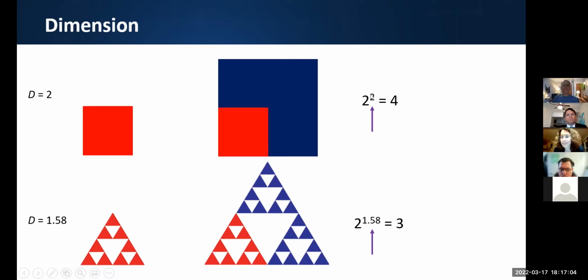So exponent 2, that is our dimension. It works the same in 3D, 2 to the power 3 gives 8. Here in this Sierpinski triangle, a triangle consisting of smaller triangles, signature of the fractal. As we left out the middle, then to multiply the base length by 2, we only need 3 pieces. And that gives as an exponent log 3 over log 2, so 1.58 basically.